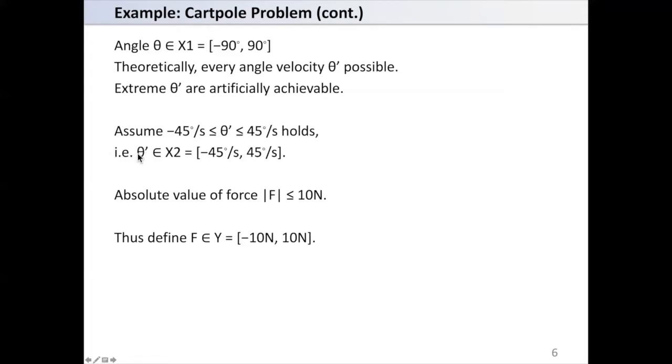That is, theta prime is an element of the second input space, the interval -45 degrees per second to +45 degrees per second. We assume also that the absolute value of force F is less than or equal to 10 Newton. So F is an element of the output space, in the interval -10 Newton to +10 Newton.